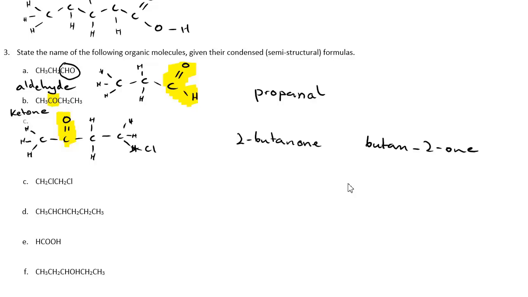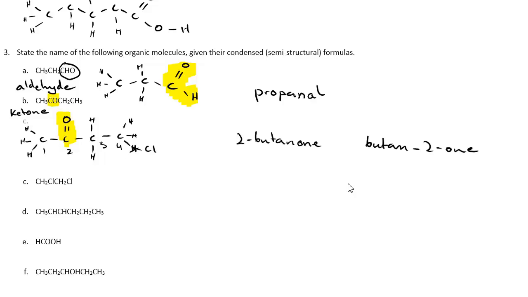Then this format would be more appropriate, because then you could say, okay, well then that's on the 4th carbon, because you would have to assign the most important functional group. You would have to count from here in this case, because the ketone is more important than the chlorine, so the ketone needs the lower number. Okay, so that would be in that case called 4-chloro-butan-2-one.